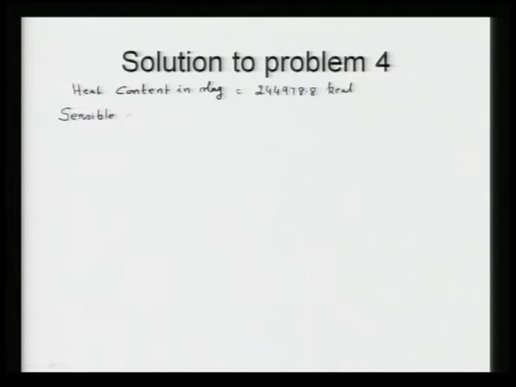Sensible heat in gases. Again the gases are discharged at 600 Kelvin. So, we have to know H 600 minus H 298 for carbon monoxide, for carbon dioxide and for nitrogen. For carbon dioxide it is 2137, then 3088 and 2126. Now, these values are given in kilocalorie per kg mole.